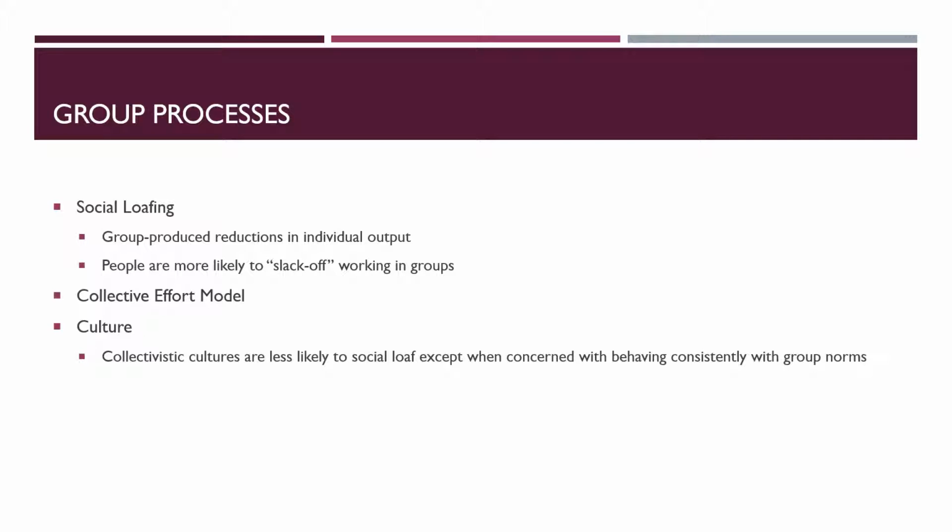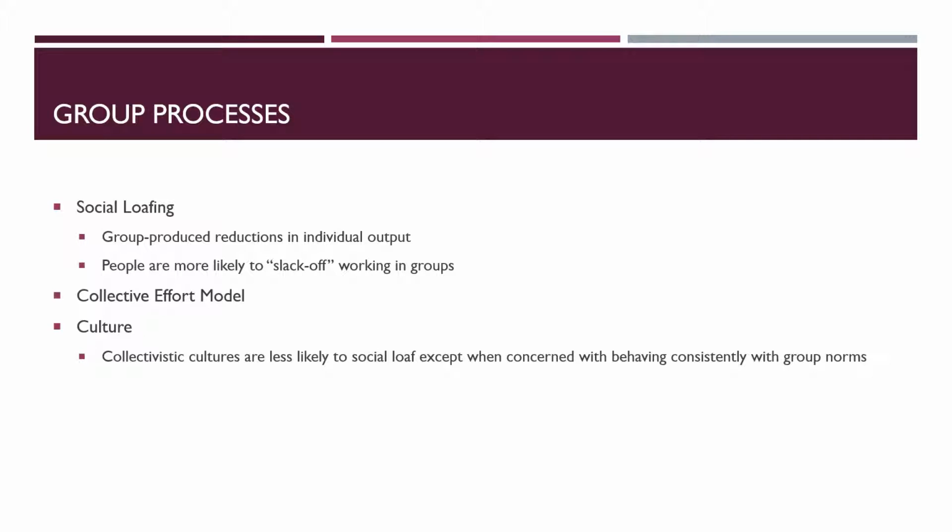Researchers have found that there are times when social loafing is more or less likely to occur. People are less likely to social loaf when they have a personal value in the outcome they're trying to achieve, and if they believe that they can help to actually achieve that outcome.